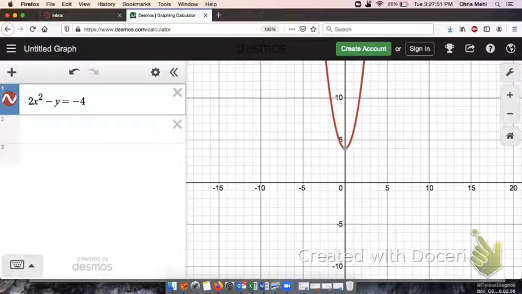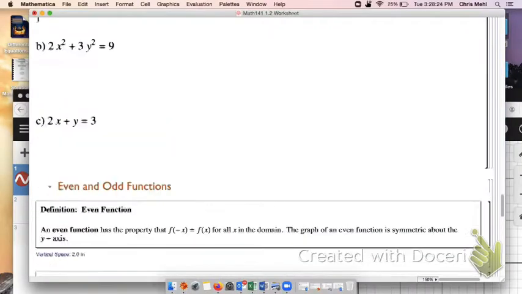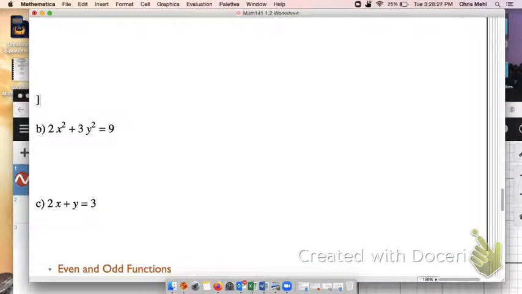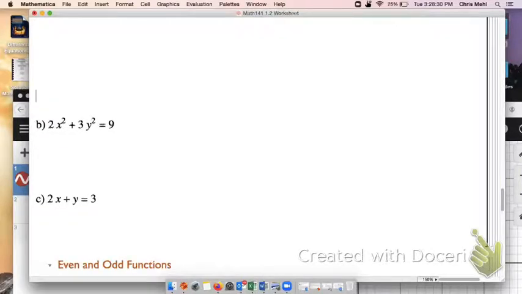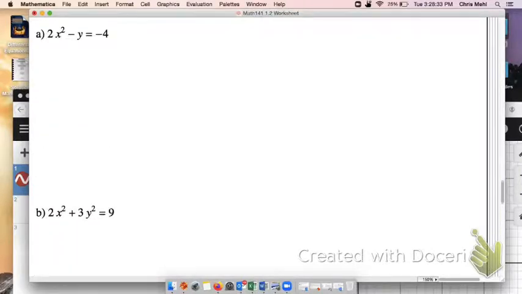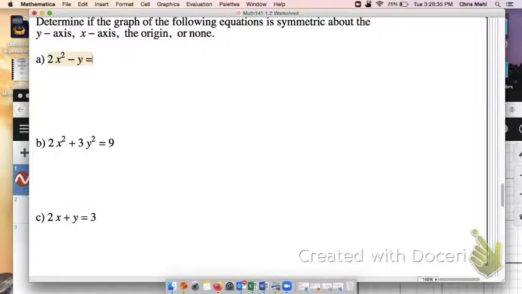Okay. Now, there's two more examples. In a similar manner, you could do these other two. I'll just maybe let you check them on your own.